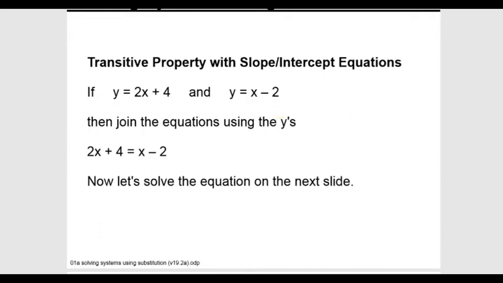Notice that I have 2 slope-intercept equations. And using that y, see the y right there? The y is going to let me join the 2 equations into one equation.